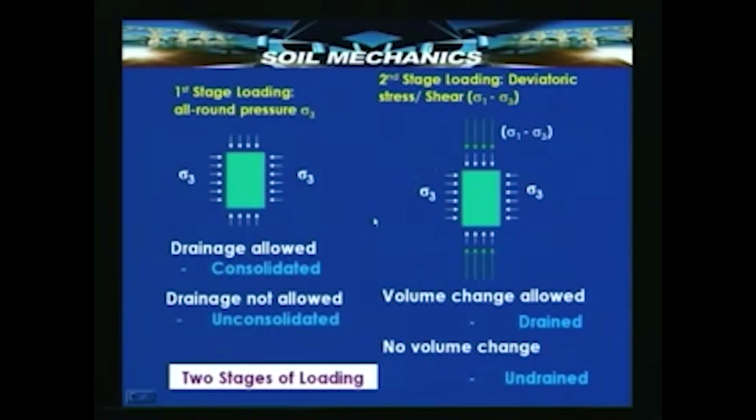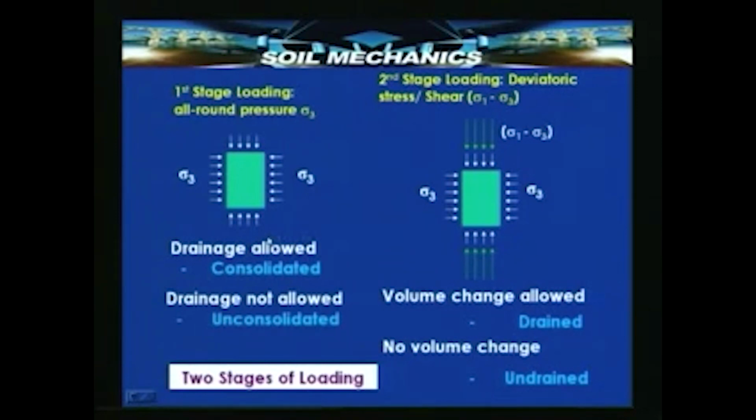This diagram shows the various stages in loading. The first stage of loading corresponds to application of sigma 3. While applying sigma 3, we could either allow drainage and allow consolidation under this pressure sigma 3, or not allow drainage and not permit consolidation. And in the second stage of loading, when we apply the deviatoric stress, either we could allow volume change, in which case drainage is permitted, or we may prevent volume change, which means no drainage is allowed.